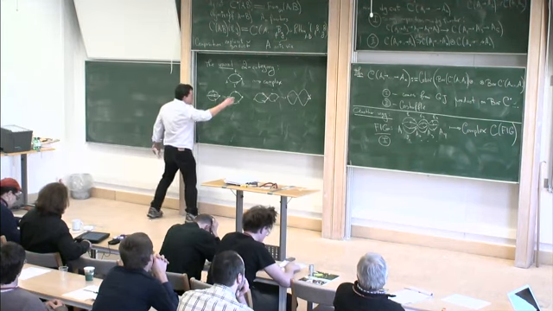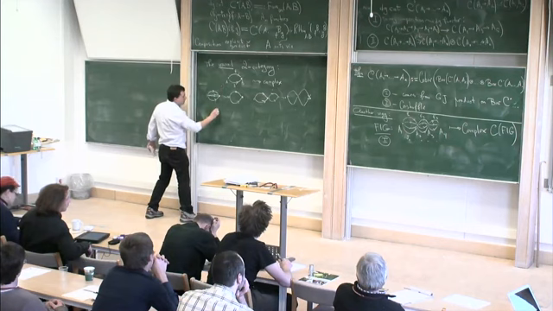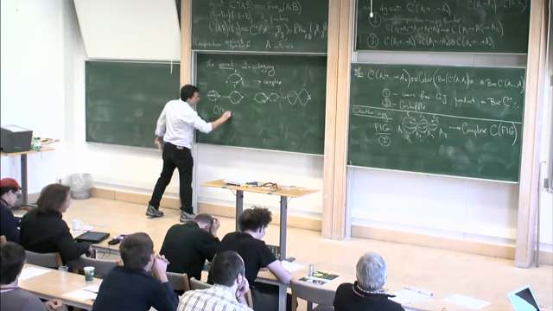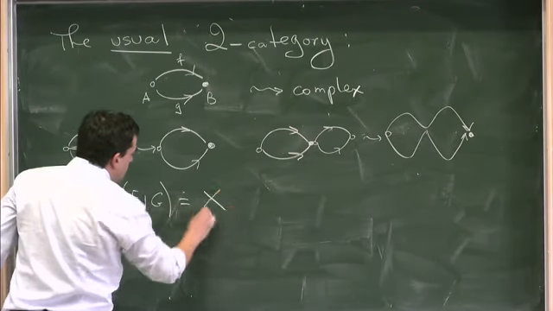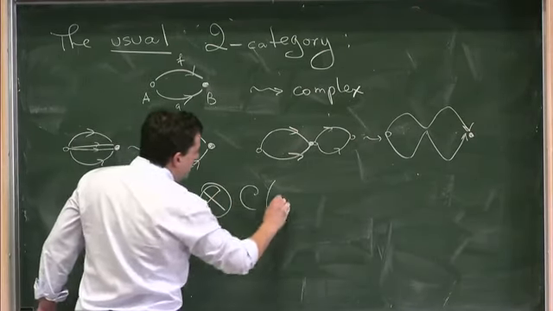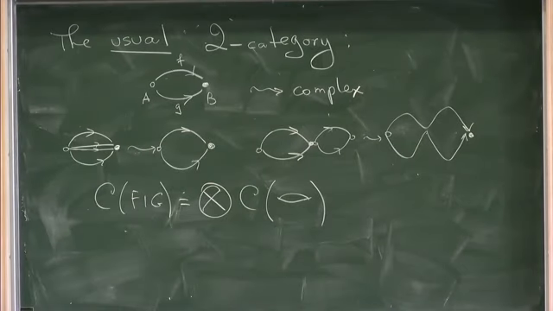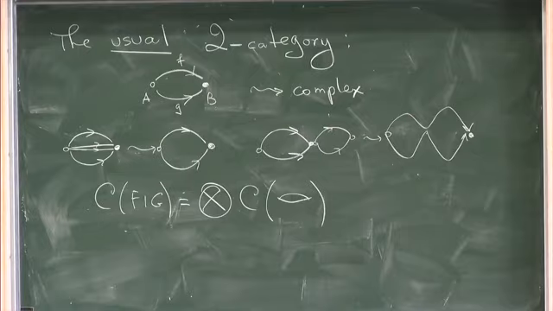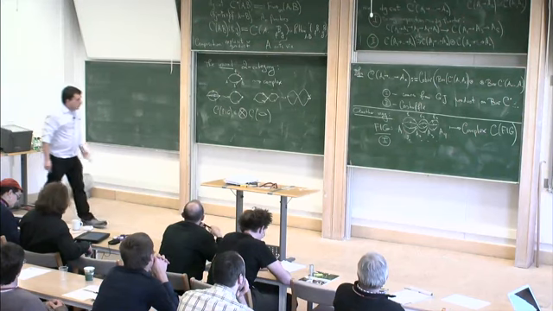And in this case, C of the figure is just the tensor product of all C of elementary parts. Okay, so this is the usual two category.